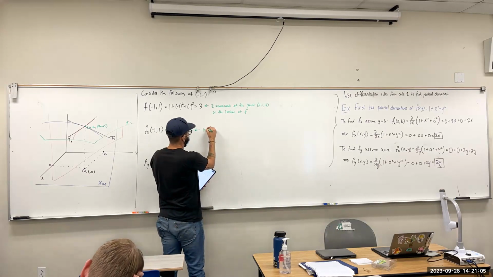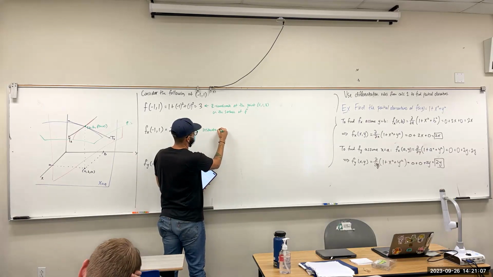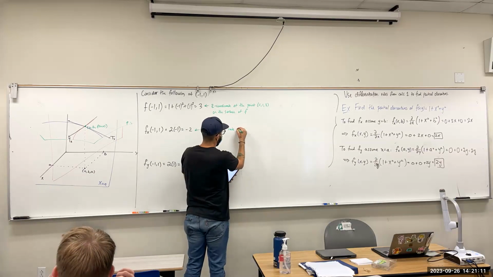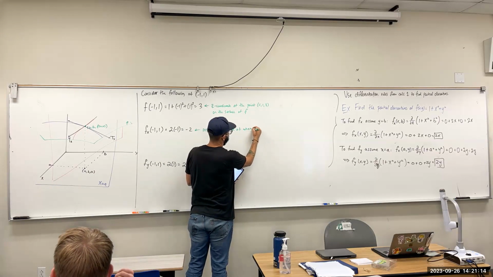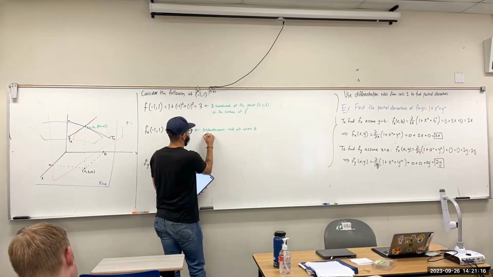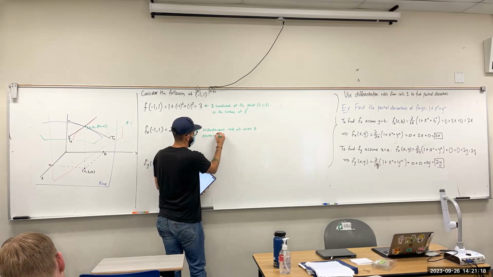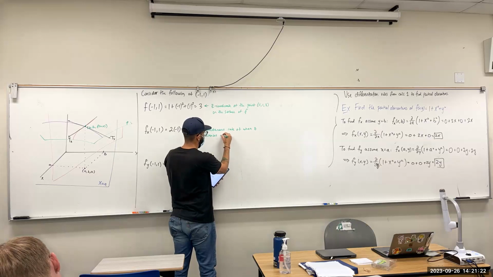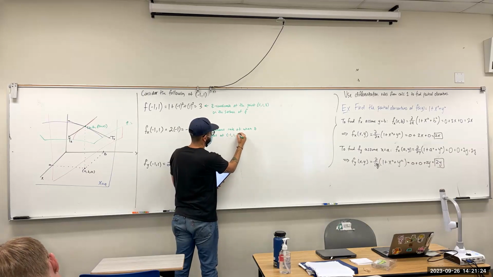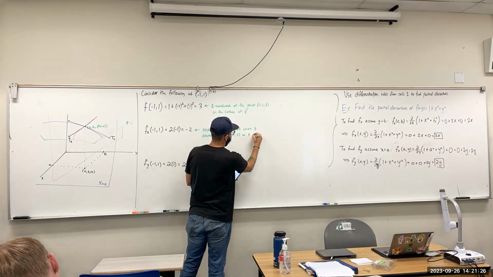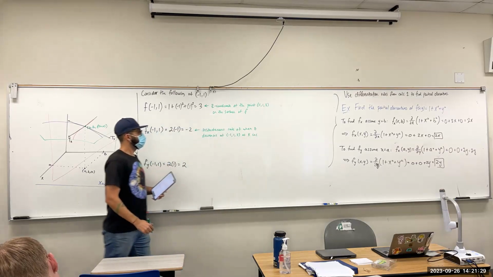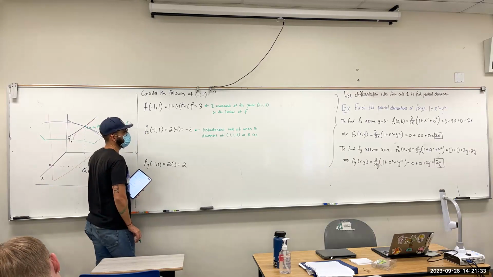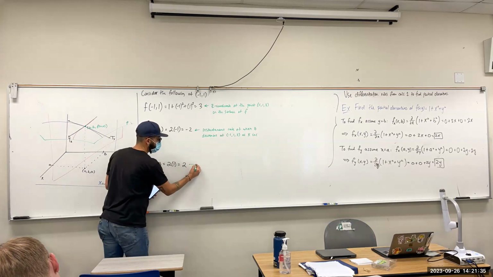This is the instantaneous rate at which z decreases at the point (-1, 1, 3) as x increases. And so yes, it's going down because it's negative.